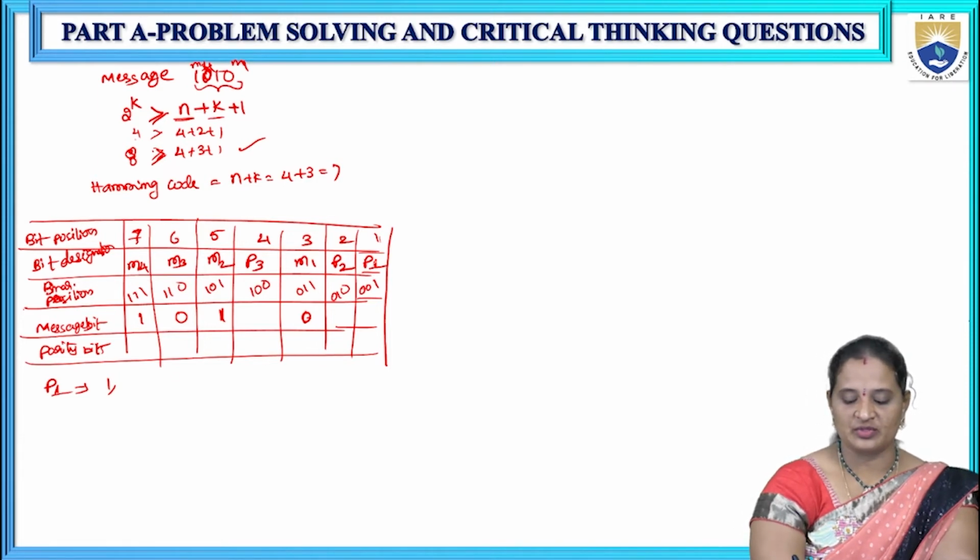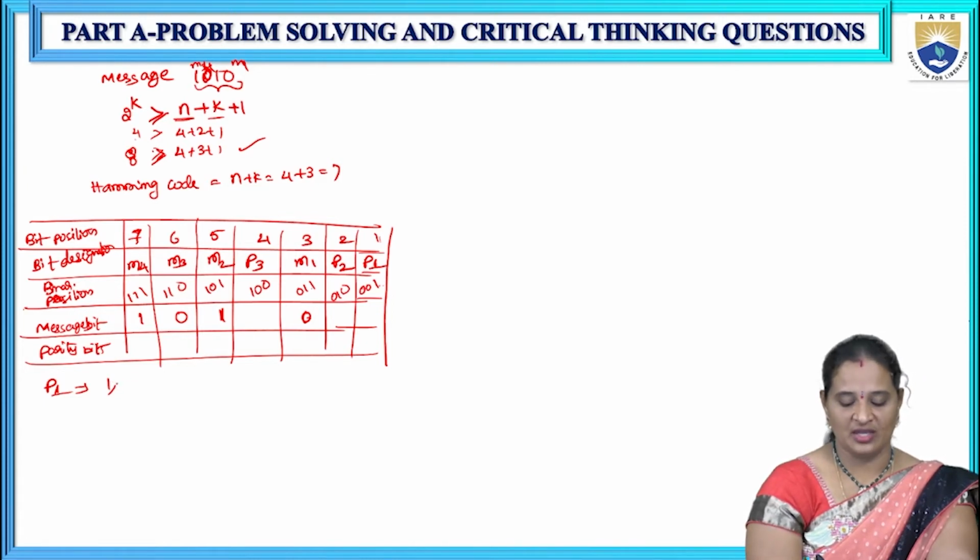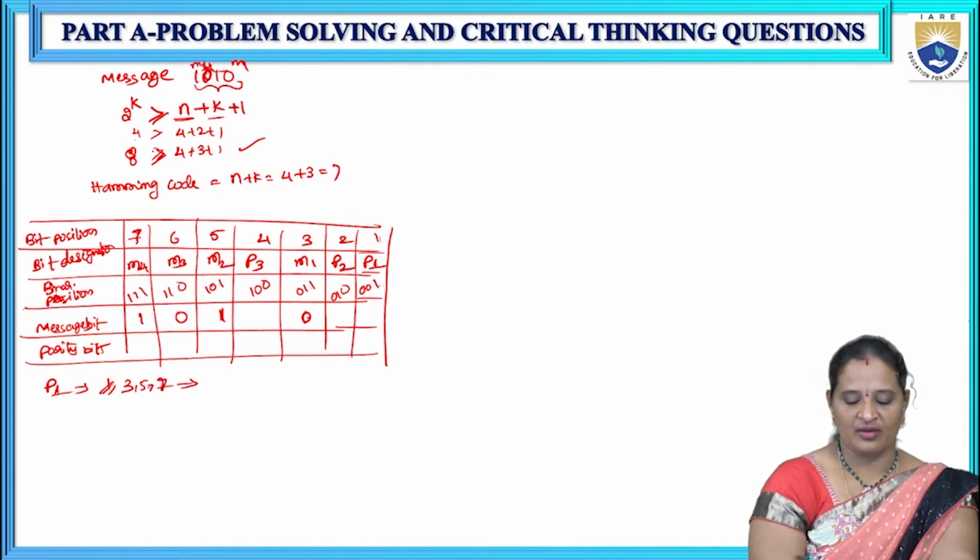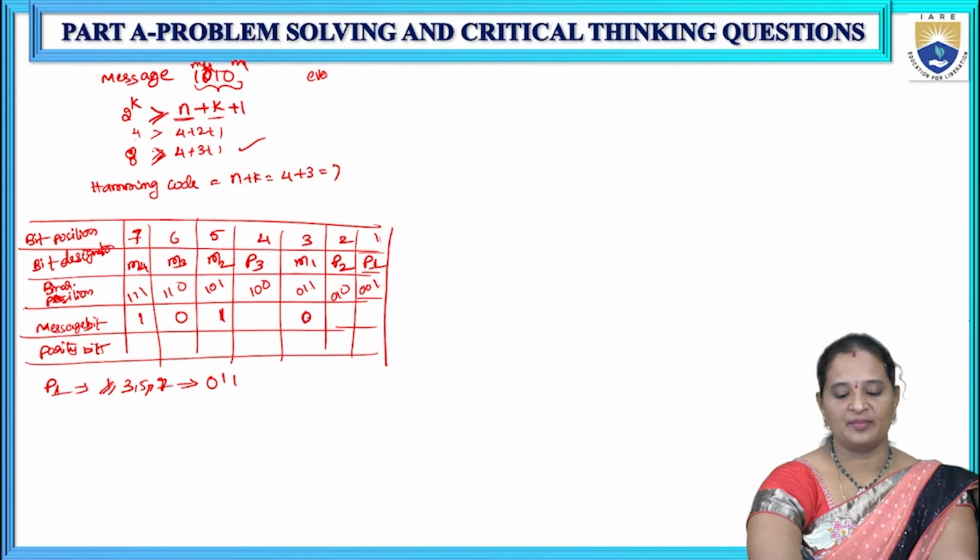So what are the binary positions which have LSB as 1? 1, 3, 5, 7. Anyhow 1 is for parity, so just leave it. 3, 5, 7: the value in the third position is 0, the fifth is 1 and the seventh is 1. Here we have to consider that if any parity is given, we have to consider that parity.